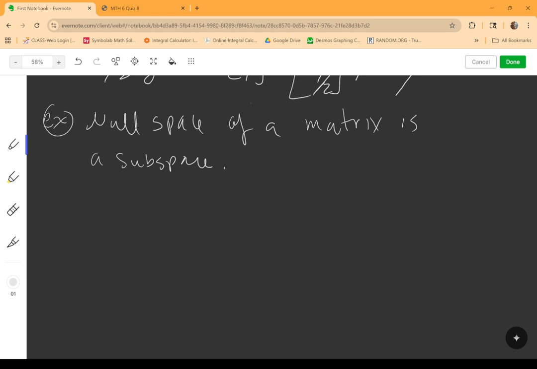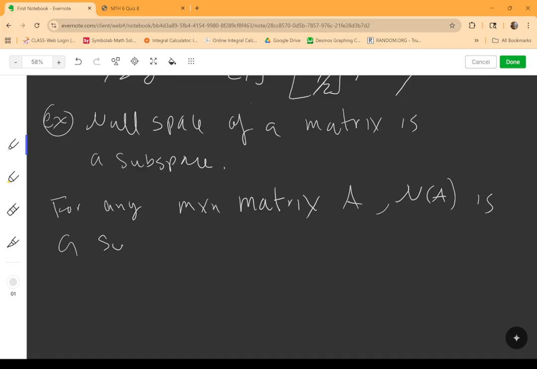If we remember, for any M by N matrix, the null space is a subspace of R to the N.